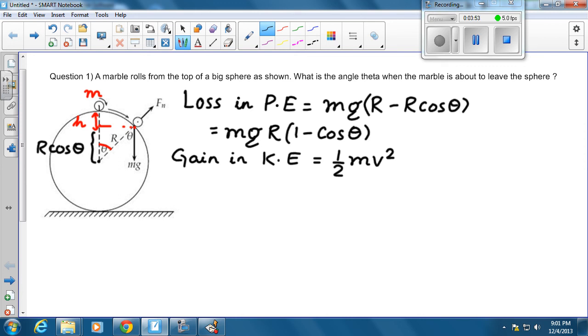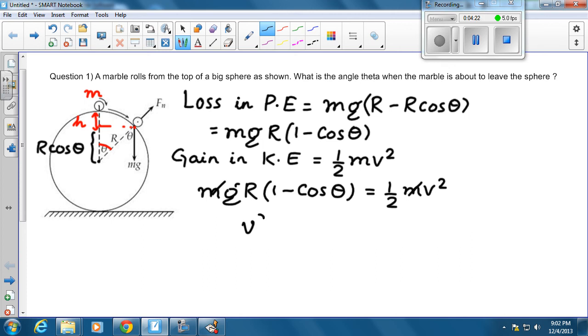So we could equate these two equations: mgr into (1 minus cos theta) is equal to half mv squared, half mass times velocity squared. Now you could cross out the masses, and you get a function for the velocity.